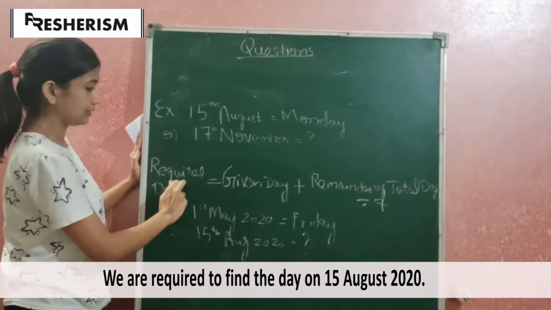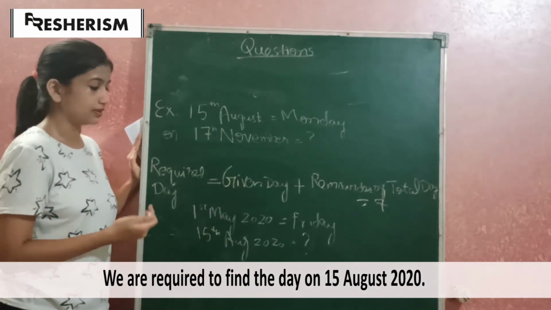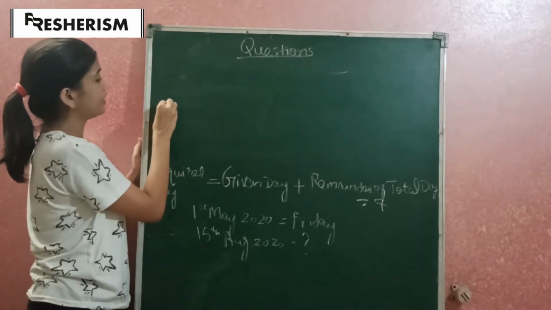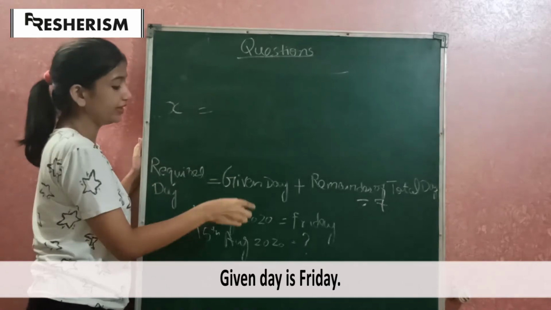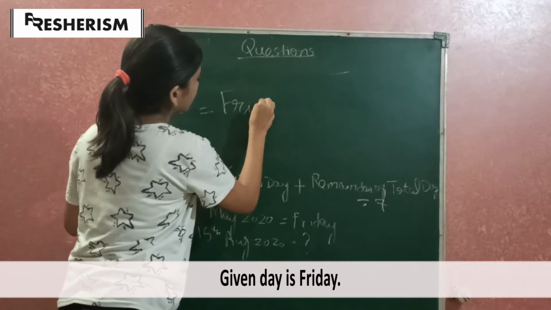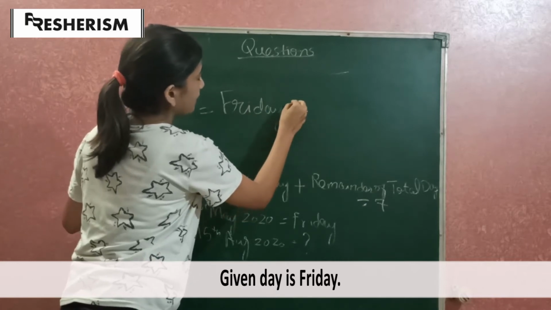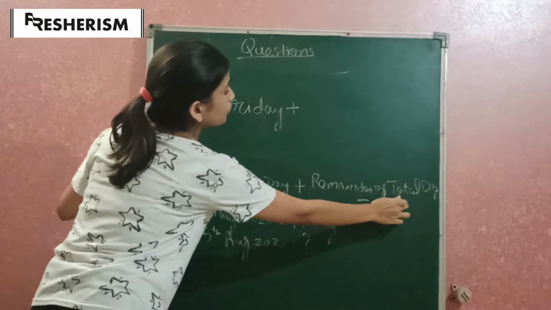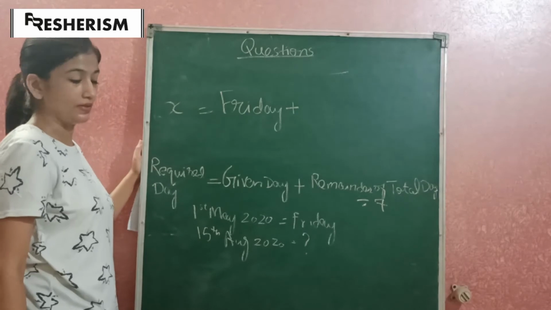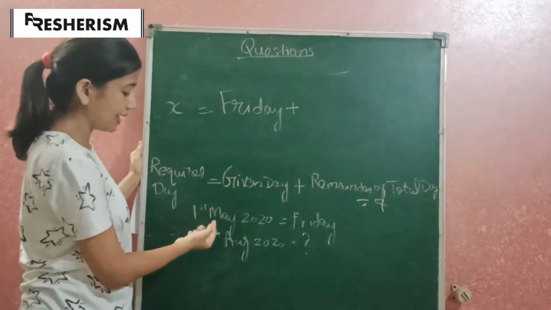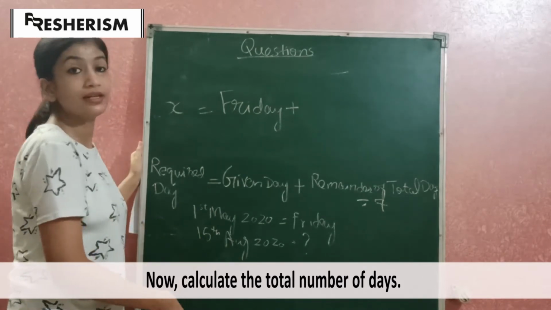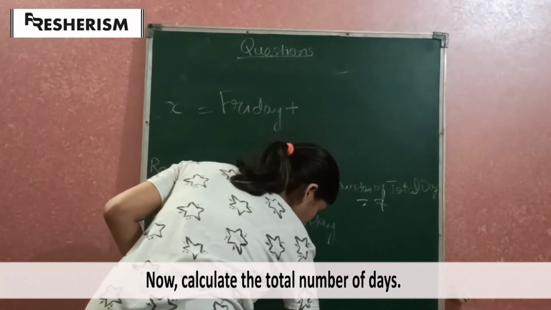Let's solve this with the formula. The required day is X. The given day is Friday, plus the remainder of total days divided by 7. From the 1st of May till 15th of August, the entire May, June, July and 15 days of August.